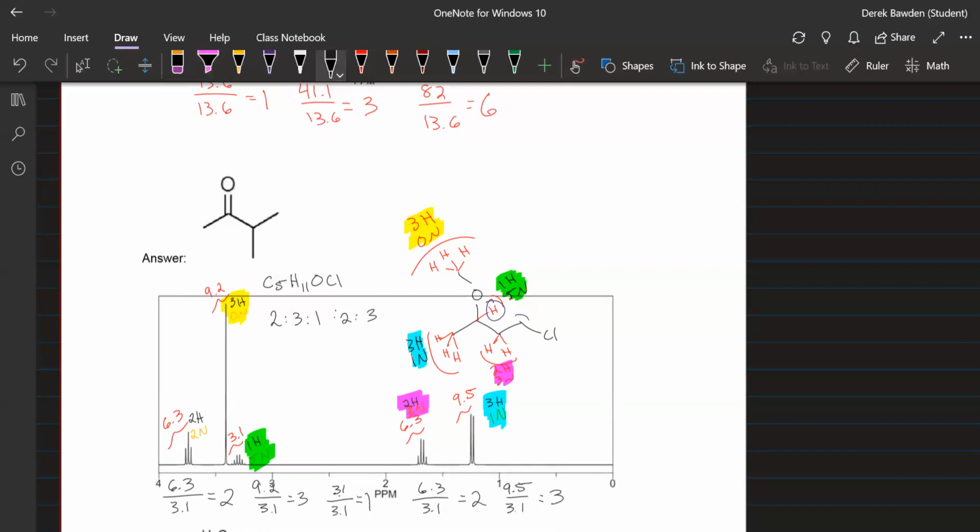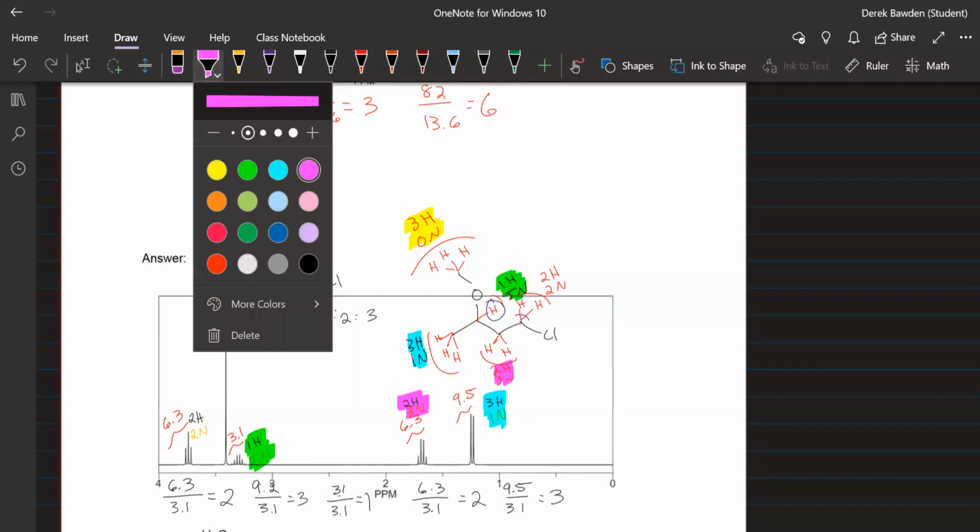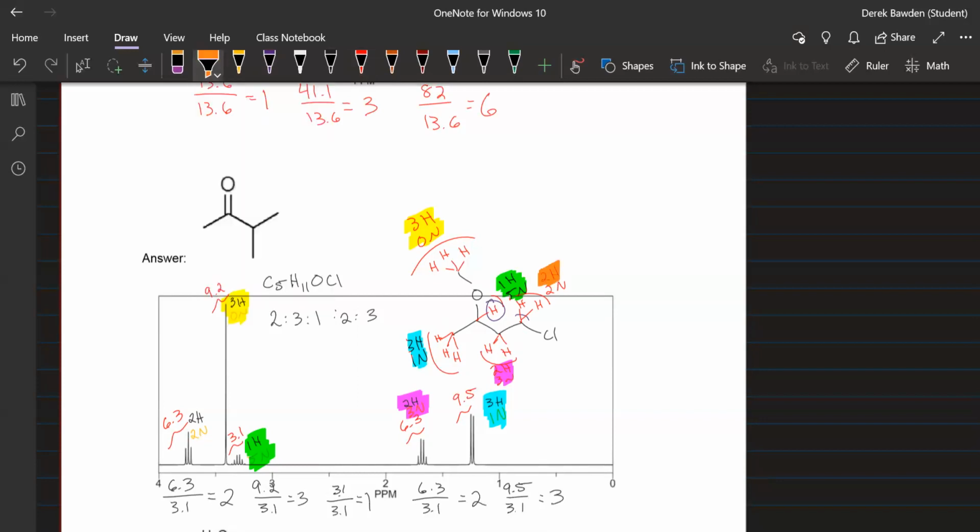Perfect. And lastly, we have these 2 hydrogens, with 2 neighbors, because these are the neighbors right here for those hydrogens. So we've got to see if that's in our HNMR graph. And turns out, yes, it is.